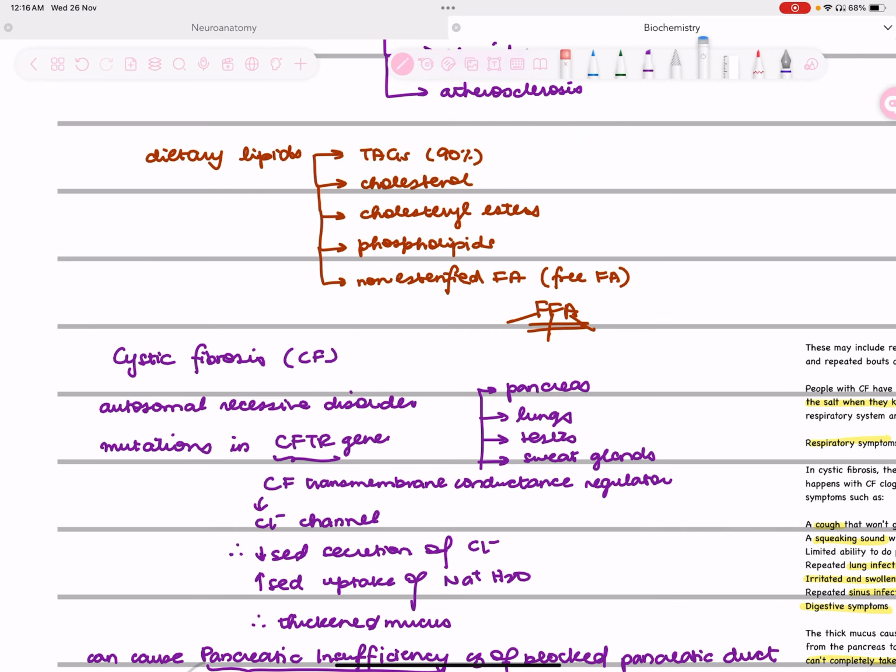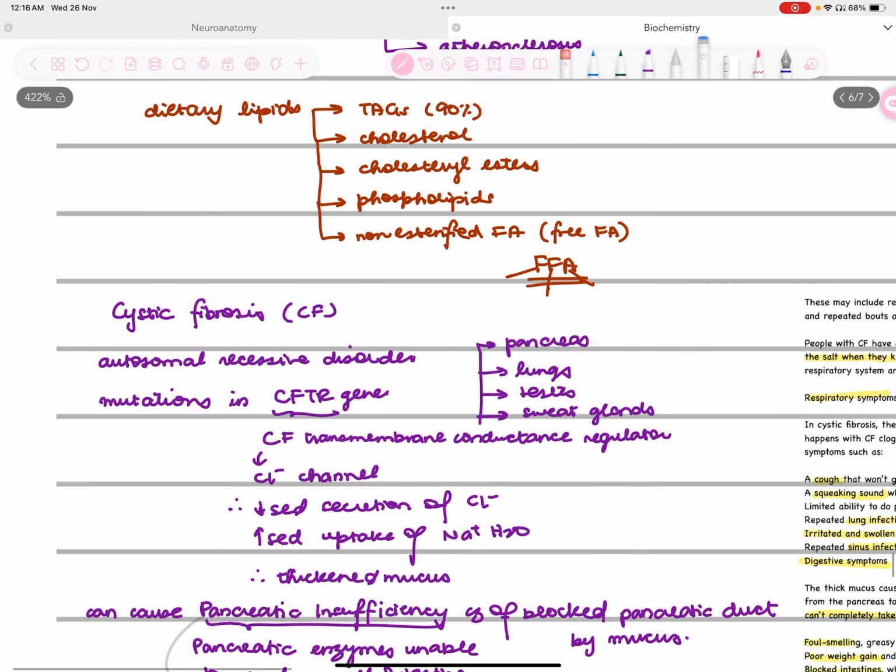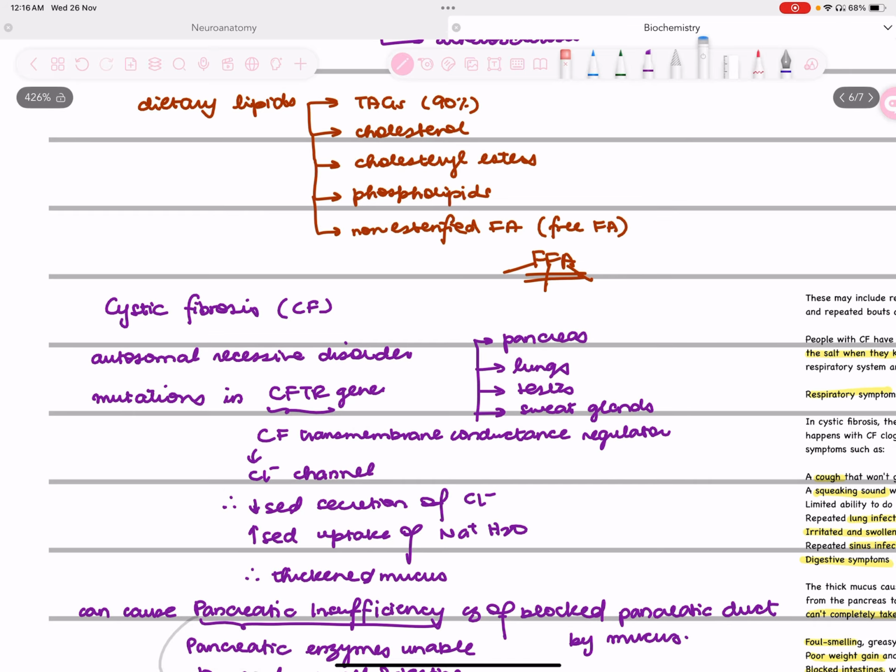The remaining 10% consists of cholesterol, cholesterol esters, phospholipids, and non-esterified fatty acids, also known as free fatty acids. So these are dietary lipids. The greatest chunk of dietary lipids constitutes the TAGs.